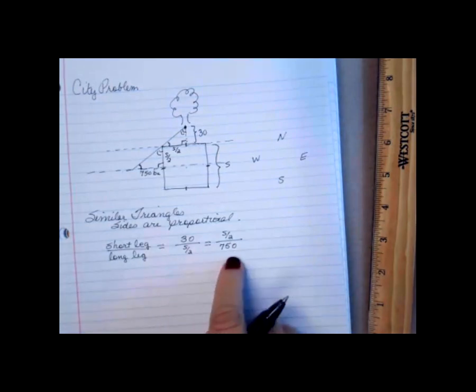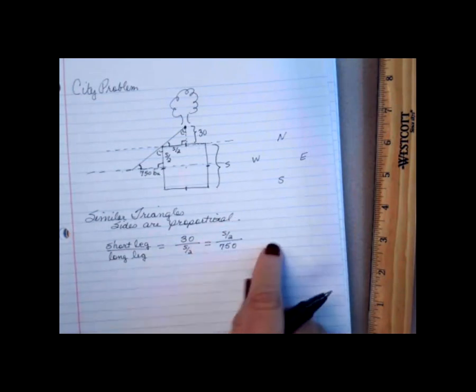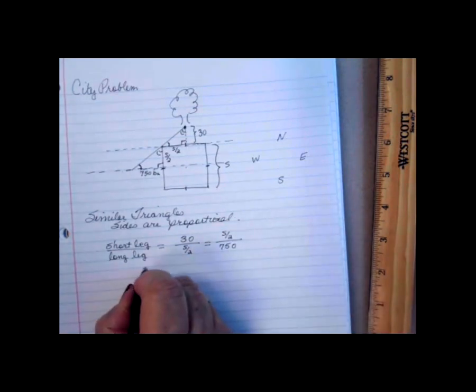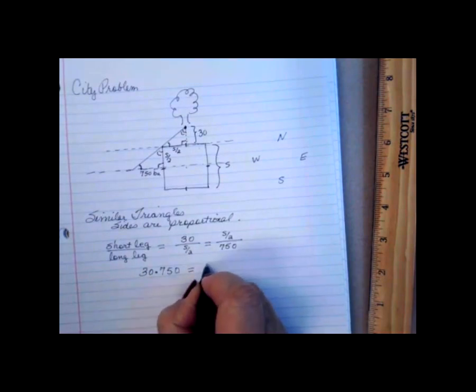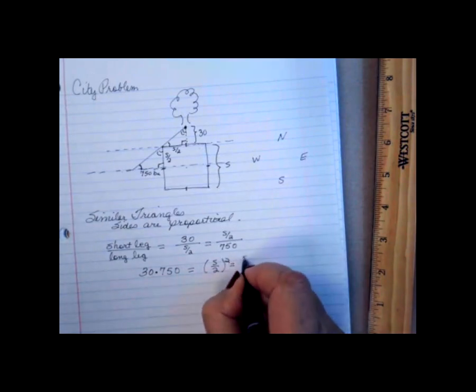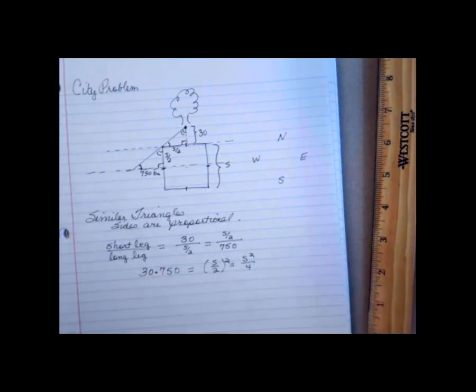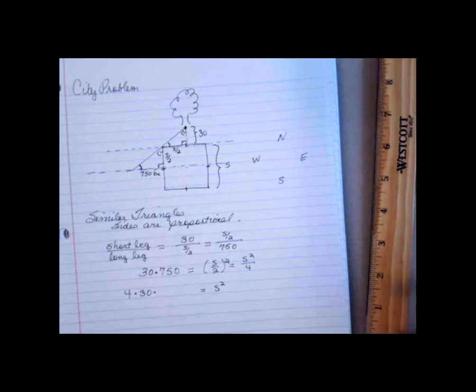And when I solve this equation and multiply both sides by 750, both sides by S over 2, I get 30 times 750 equals S over 2 squared, which is S squared over 4. Solving for S, I'm going to write this as S squared equals 4 times 30 times 750. I'm not going to grab my calculator.